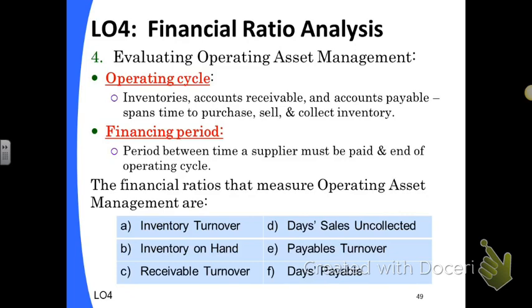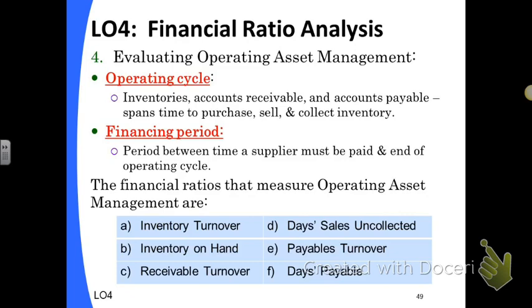Financial ratios that measure operating asset management are inventory turnover, the days we have our inventory on hand, our receivable turnover, so how quickly we collect or turn over our receivables, the average number of days it takes us to collect our receivables, and our payable turnover, how quickly we repay our payables, and then lastly, how many days we have our payables on hand.